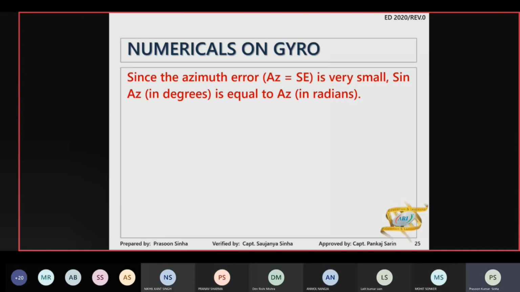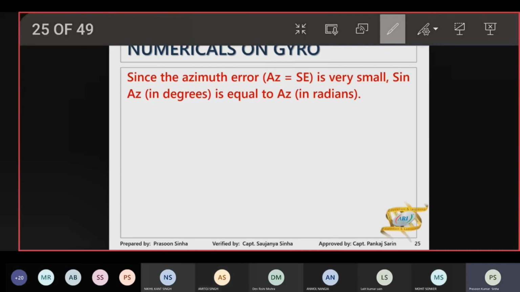Now convert this into degrees. Converting radians into degrees, multiply by 57.3. 1 radian is equal to 57.3 degrees. So 0.97.